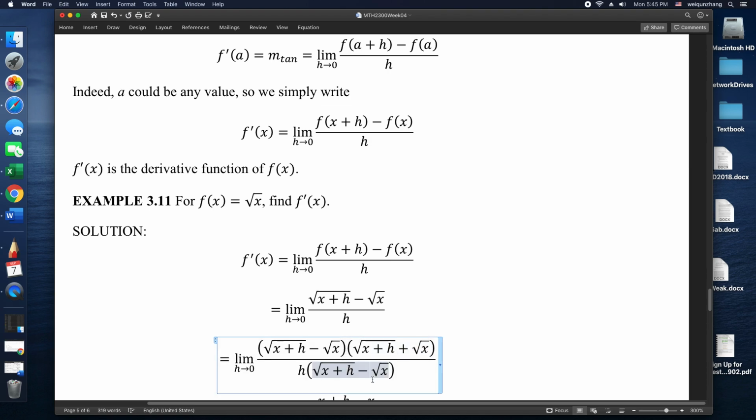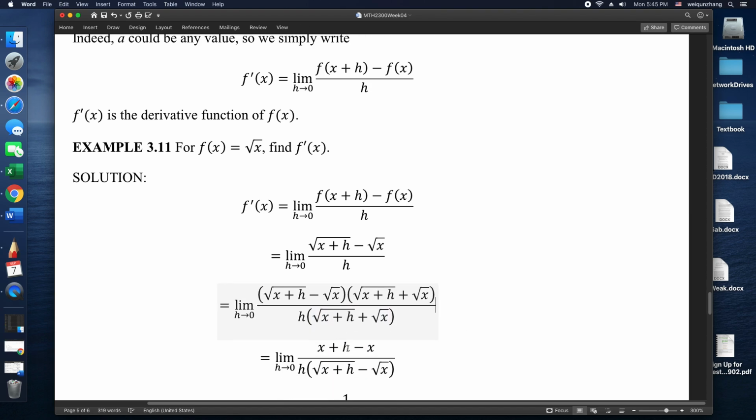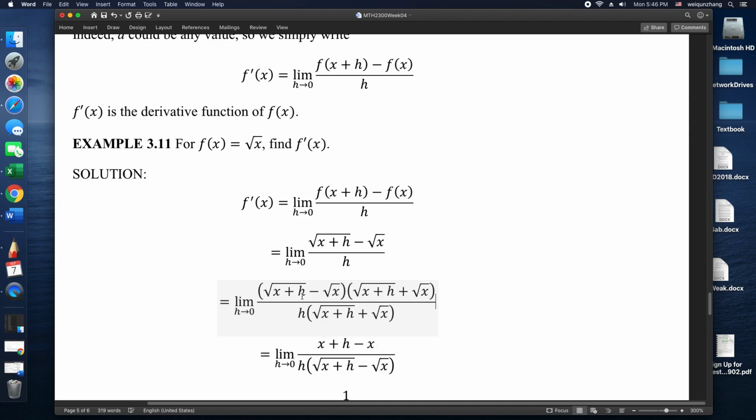And then you have to do the correction for the denominator: put the same radical conjugate in the numerator and the denominator. The numerator is the product of the conjugate pair, a product of sum and difference, which turns out to be a difference of squares.